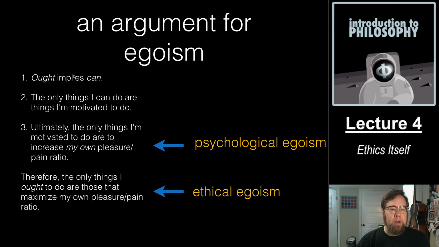So I want us to recognize that this argument for egoism has psychological egoism as the third premise and ethical egoism as the conclusion. And so whenever you're evaluating an argument, you're wondering, is this argument any good? You should wonder, do the premises logically necessitate the truth of the conclusion?